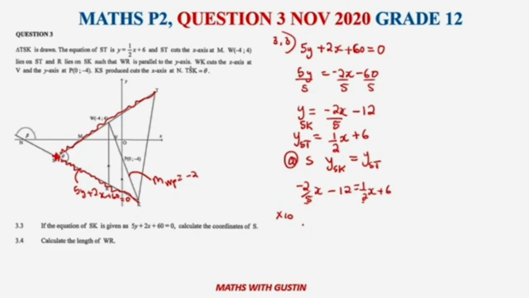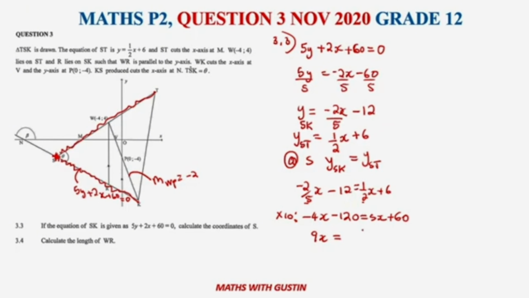So 10 times -2 over 5 gives us -4x, and 12 times 10 is 120, is equal to half times 10, which gives us 5x, plus 6 times 10, which is 60. Therefore we take all the x's onto one side and all the numbers to the other side. Once we do that, we are going to have 9x is equal to 120 minus 60.